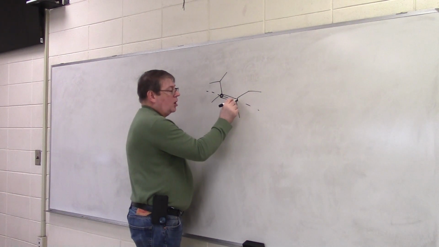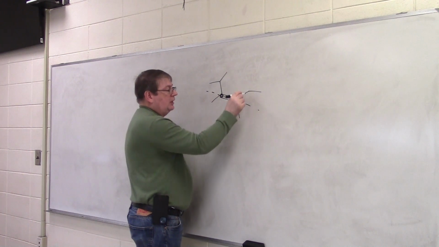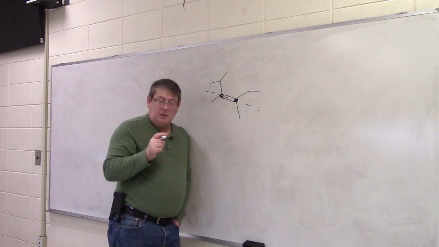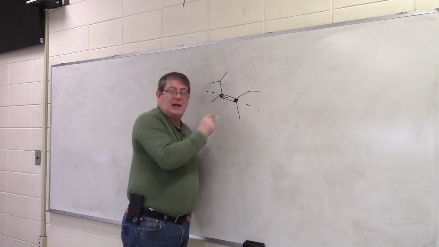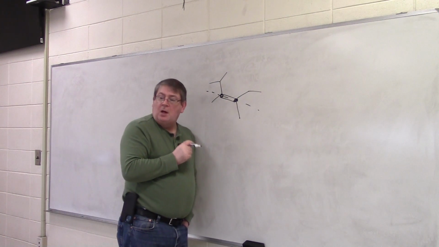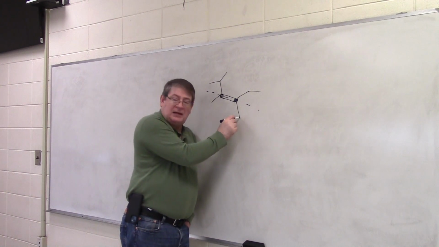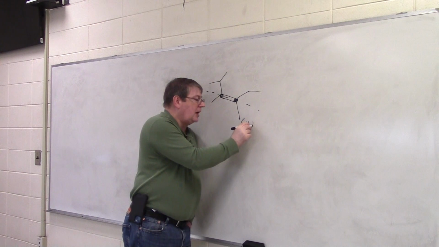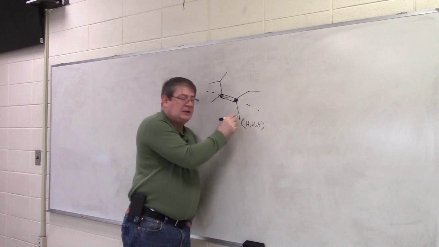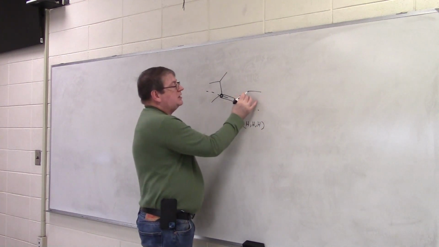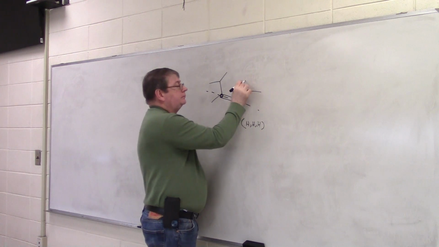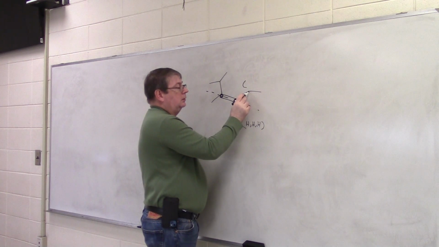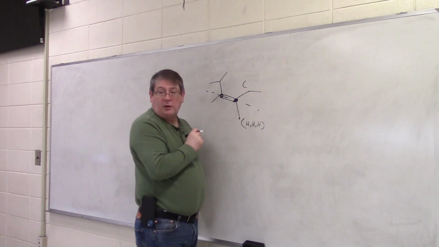This carbon of the alkene's attached to a CH3 and a CH2. Both of those are carbons, right? So can I make a decision based on that alone? No, I have to ask myself, what is this carbon attached to? And I always put these in parentheses. It's attached to 3 hydrogens, that's a CH3. What's this carbon attached to? 2 hydrogens and another carbon, right?